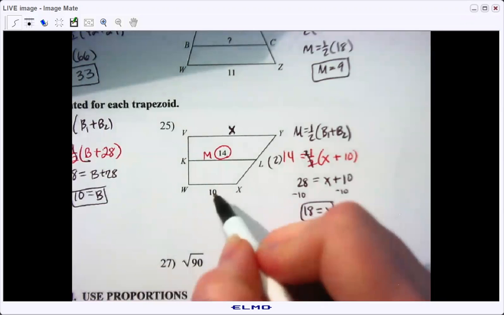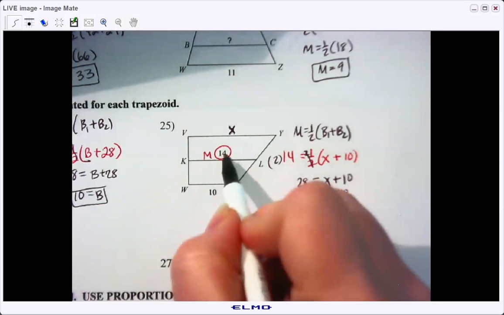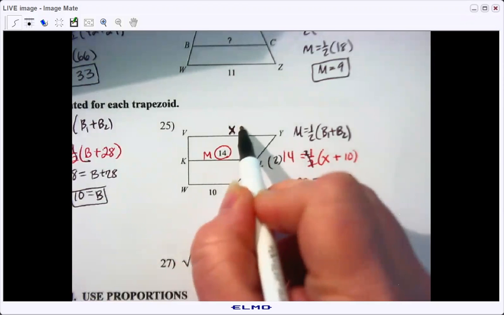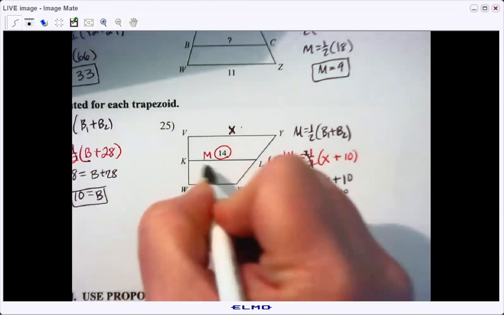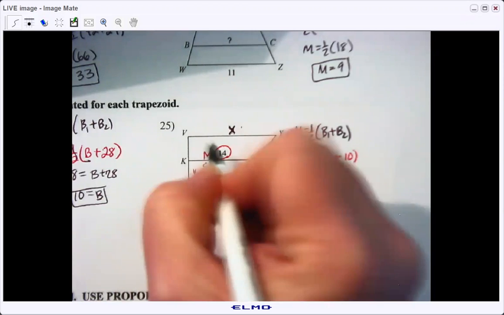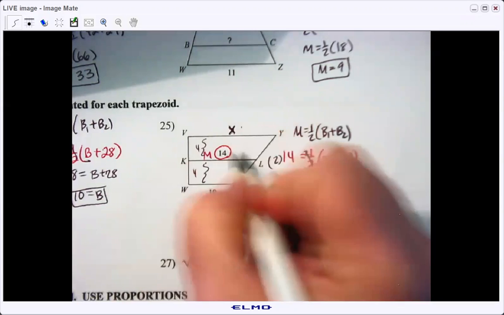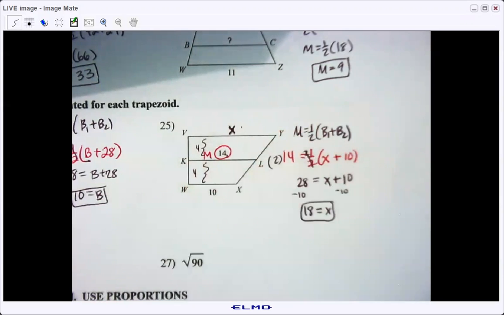Since this is 10 and this is 14, that's going up in value, you would expect that to be bigger than 14. This is a distance of 4. This needs to be a distance of 4. 14 plus 4 is 18. So there's a couple different ways to work that.